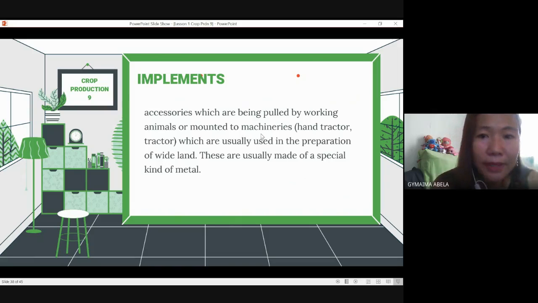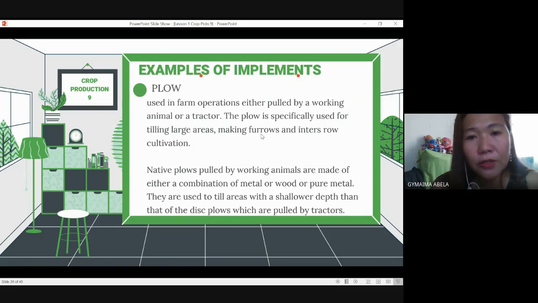So what is an implement? As we said before, implements are the accessories which are being pulled by working animals or can be mounted to machinery such as the hand tractor and the four-wheel tractor. Usually, it is used in preparation of wide land. These are usually made of a special kind of metal.